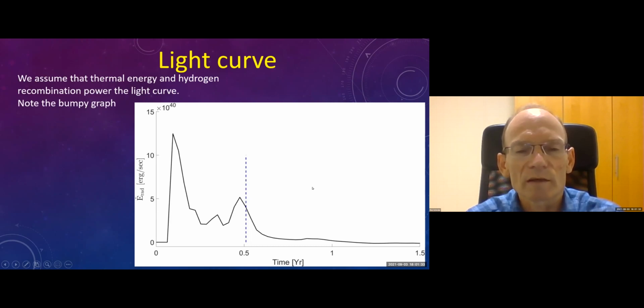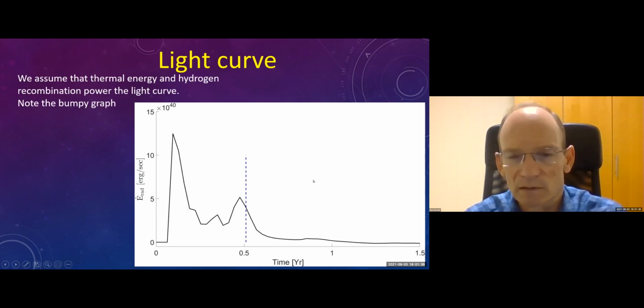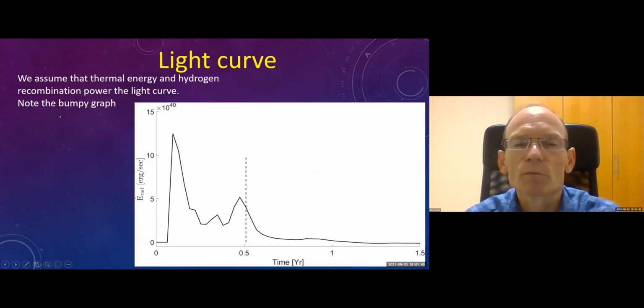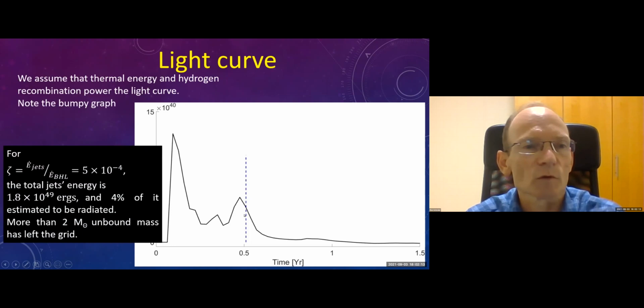So we figured that the emission from this phenomenon will come from two components, the thermal energy and the recombination, mainly of the hydrogen. So we combined them and we saw that the estimated light curve is very bumpy. There are mainly two bumps, one a little bit after the beginning of the plunging of the neutron star, and the other one just before the neutron star leaves the envelope of the giant.